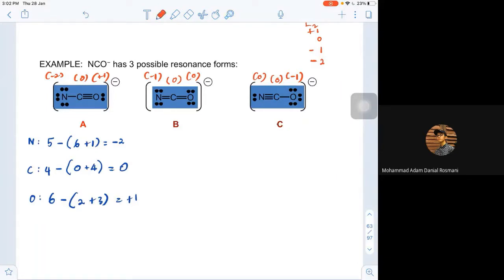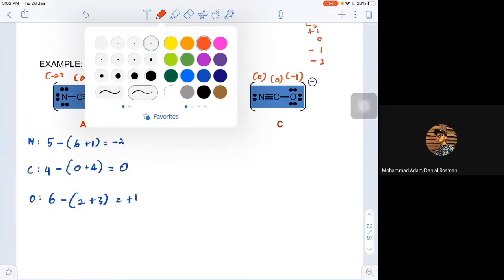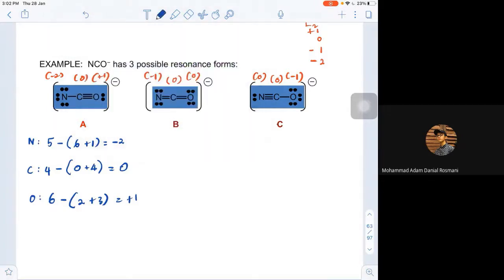If you have to explain it, to pick the best structure, your answer should be structure C. And then you have to explain your answer. The first reason is because the smaller formal charge is preferable.